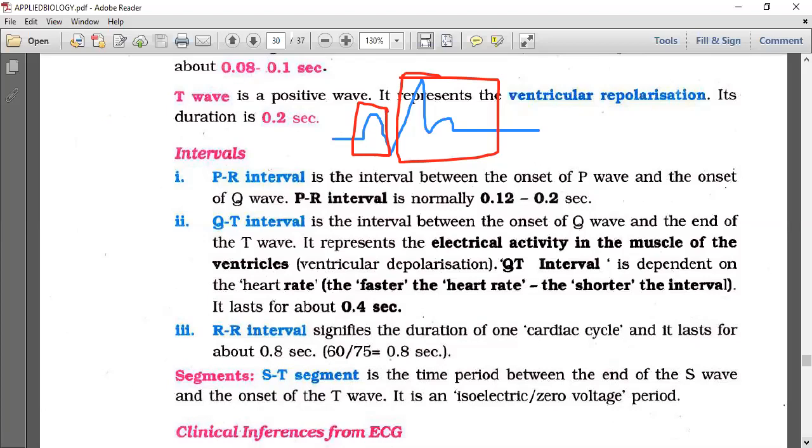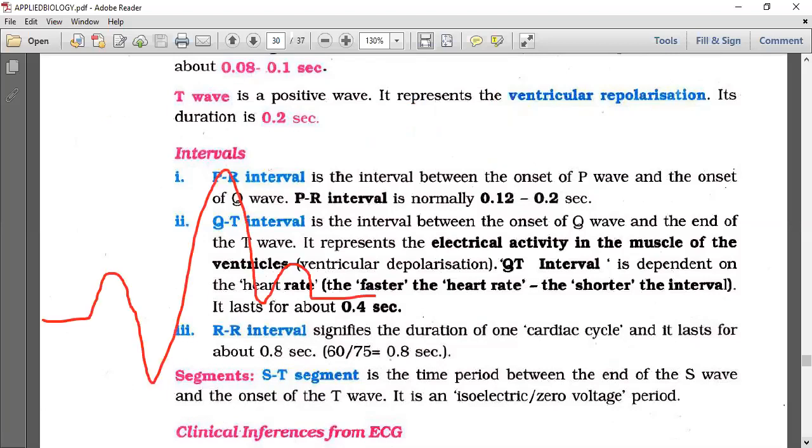Okay. Next, RR interval. What is RR interval? We didn't represent it anywhere. If you come to know what is R, you can understand what is RR interval. That means this is P wave, QRS complex, then T wave. Next, I'll draw one more ECG. This is P wave, QRS complex, and then T wave.